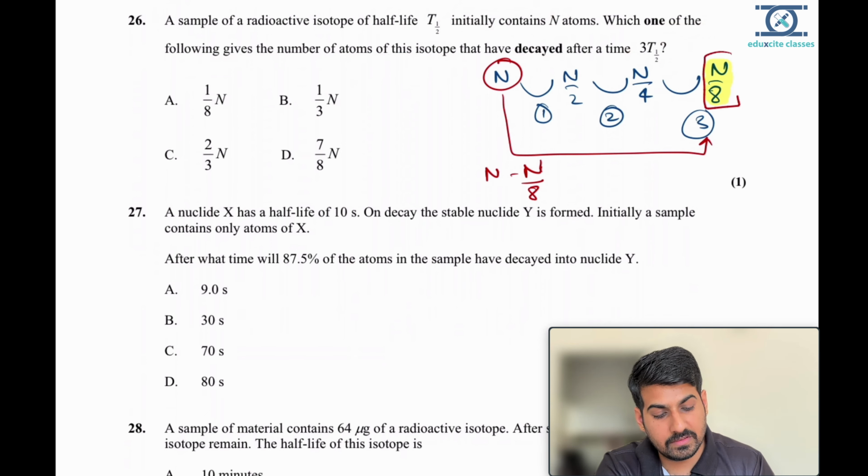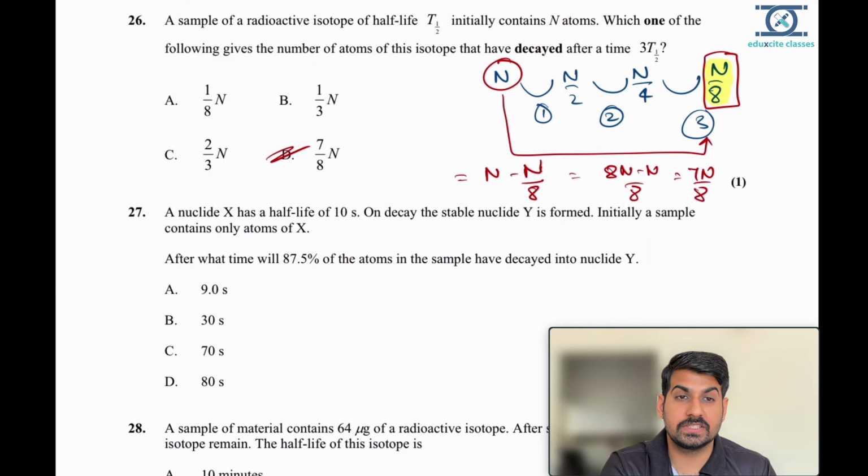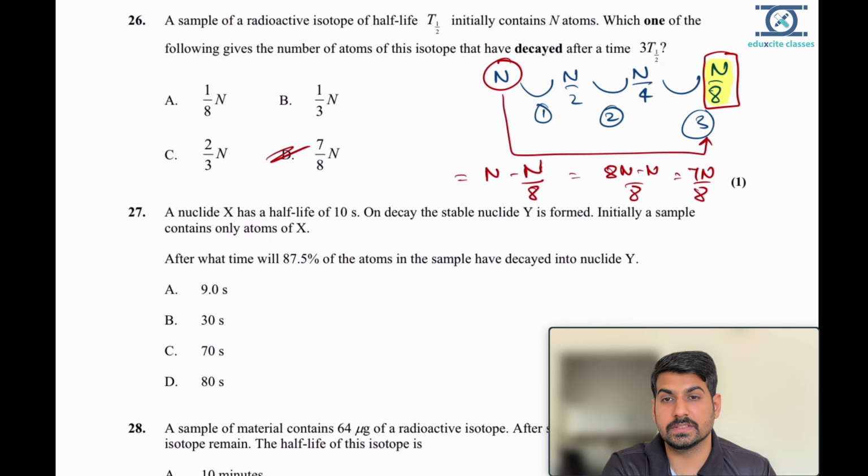After 3 half-lives n by 8 was present, so the decayed will be n minus n by 8, which is 7n by 8. So option D is the right answer. This is a very important concept, guys. Do not make this mistake. Majority of you will choose option A, but that will not be the right answer.